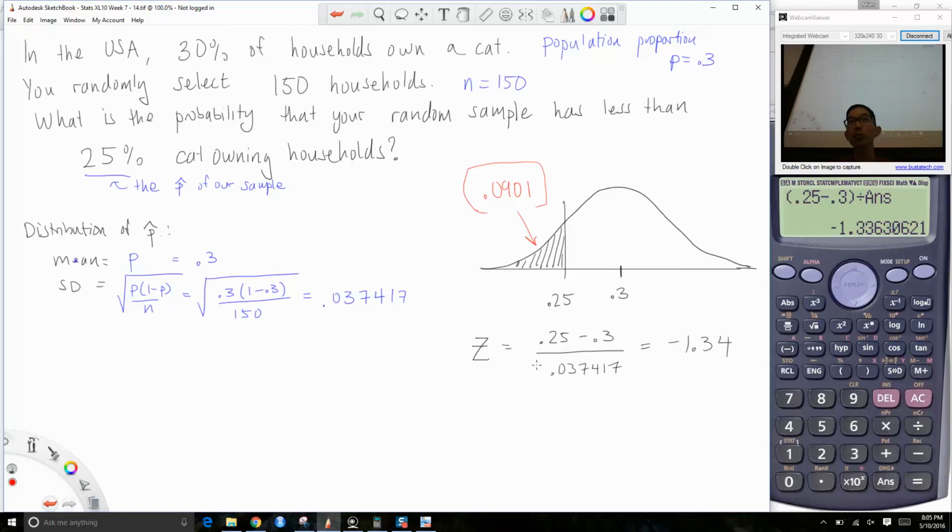But overall, if I kept track of all of these different p hats, the average that shows up should be very close to 30%, which is our population proportion p. And so that's why we say the mean is p. I hope that makes sense.